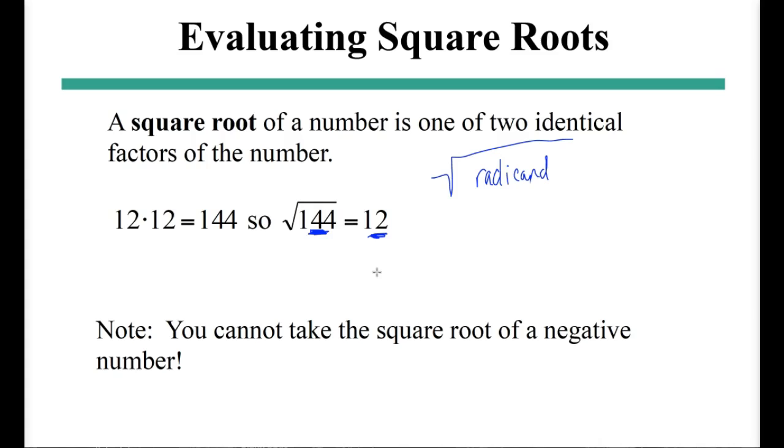We cannot take the square root of a negative number because that doesn't really make sense. To show you why, I'm going to draw a graph of what the square root of x looks like, and then explain why we cannot take the square root of a negative number.